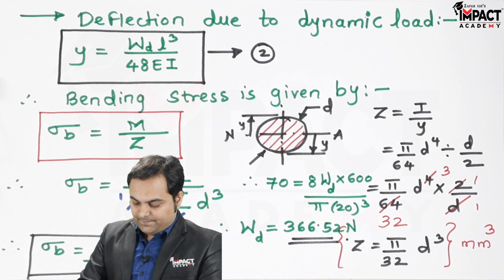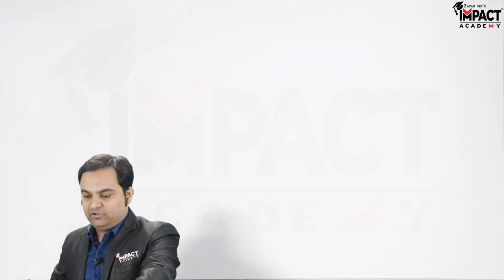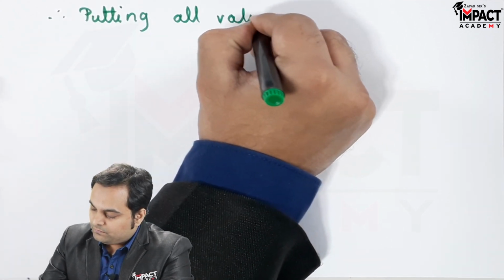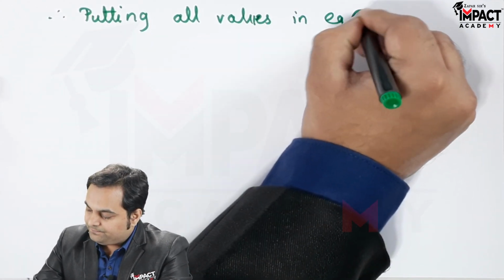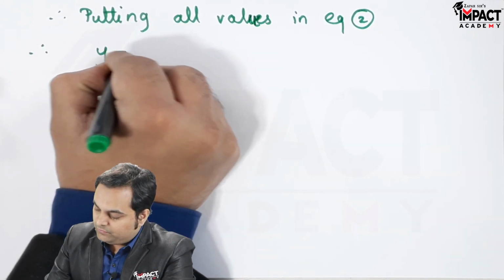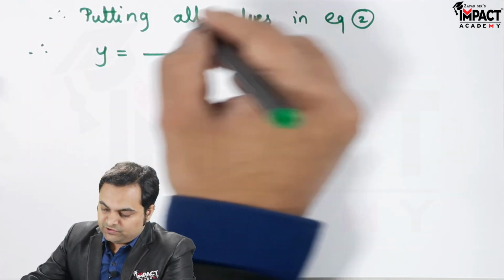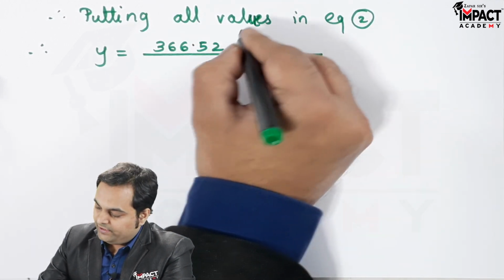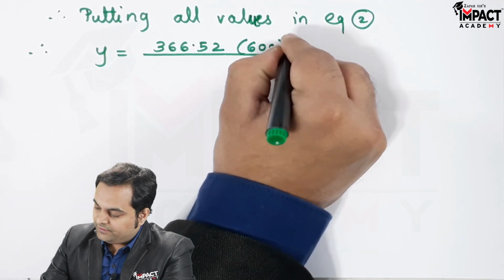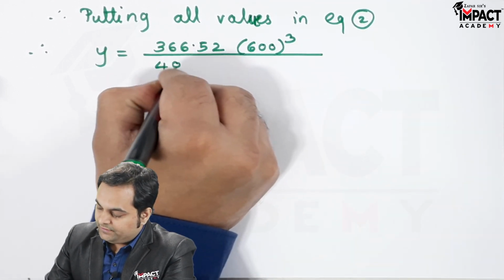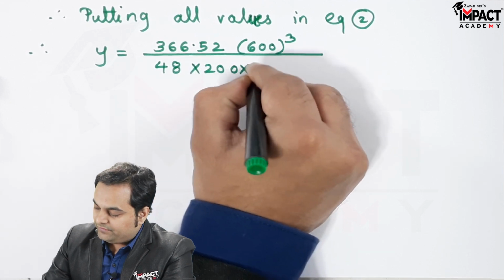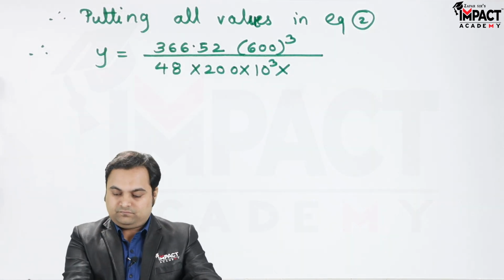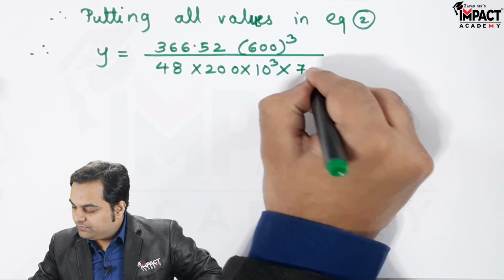Now once the dynamic load is known to us, we can put all values in equation second and get the value of Y, which is the deflection due to dynamic load. So therefore, putting all values in equation second, Y is equal to WD, which is the dynamic load, 366.52 into L cube, 600 mm, over 48, E is 200 into 10 raised to 3, I, which is the moment of inertia of the section, 7.85 into 10 raised to 3.